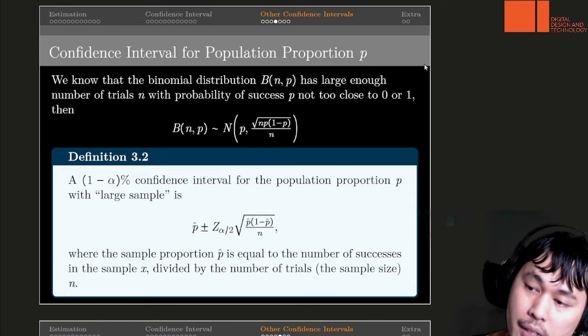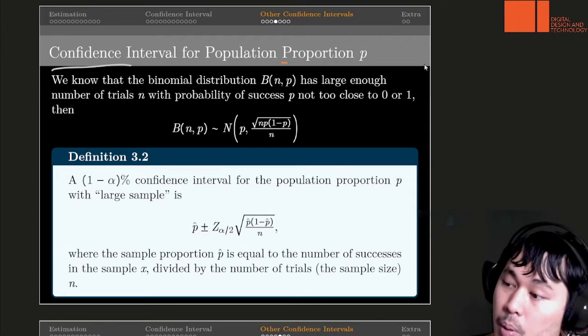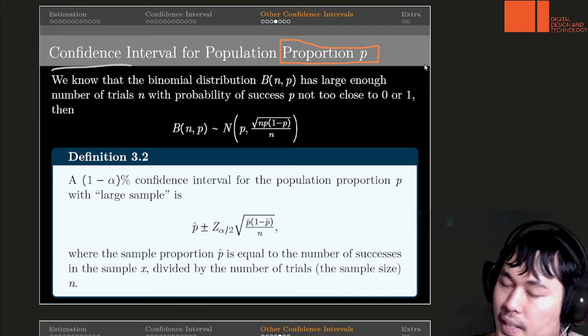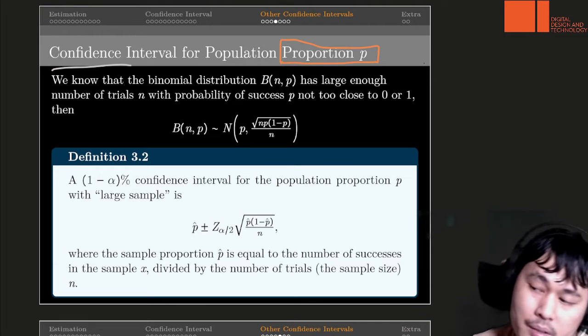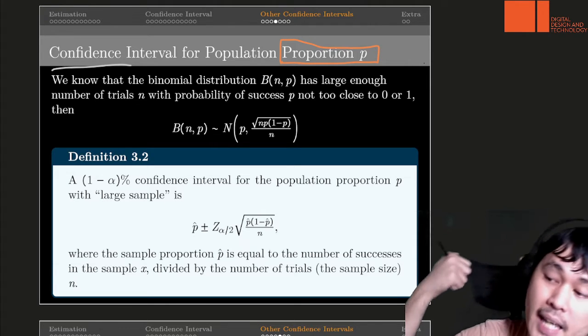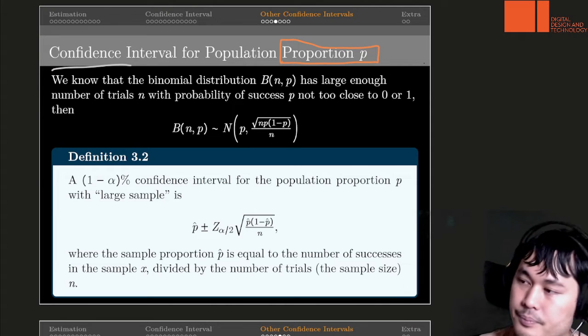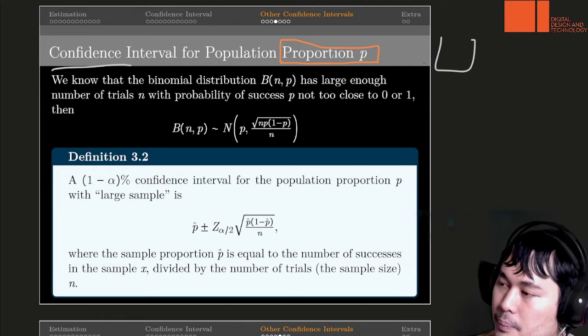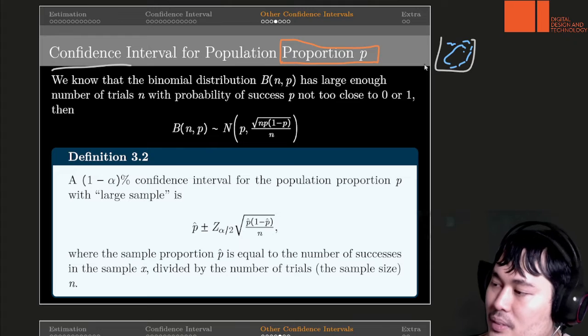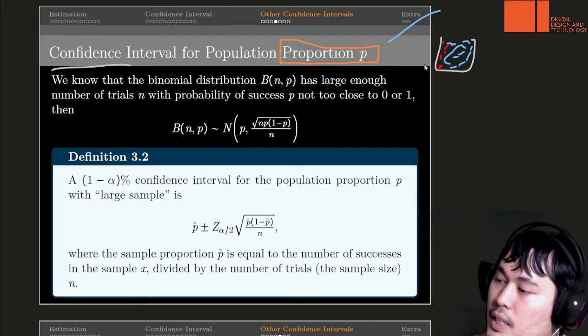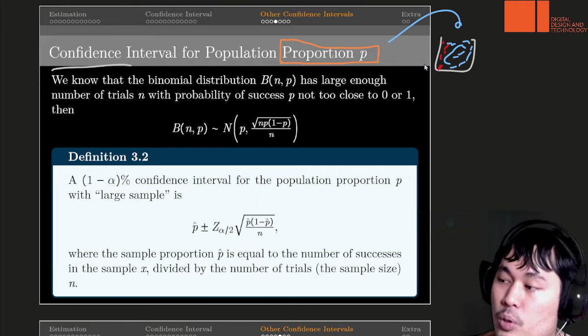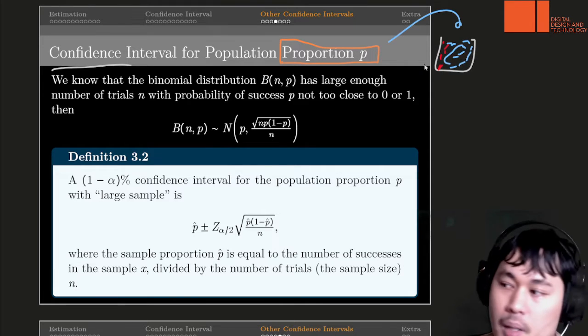And then we have a confidence interval for population proportion. And now we want to ask different questions. We have a question about the actual proportion. If you go back to the bins example, like in the first section, here we want to know the actual ratio of the blue balls in this box.